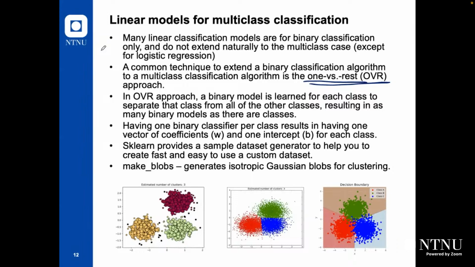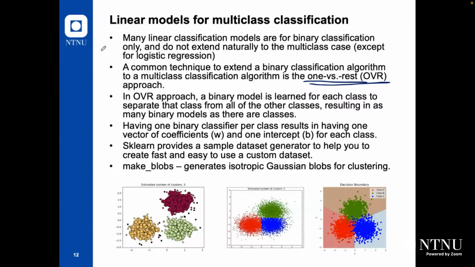So if you have three classes, for example like the Iris dataset, in the Iris dataset we have three classes. So in this case, we should expect that we will get three classifiers, one for each class. So we will get one binary classifier per class, resulting in a vector of coefficients and one intercept for each class.